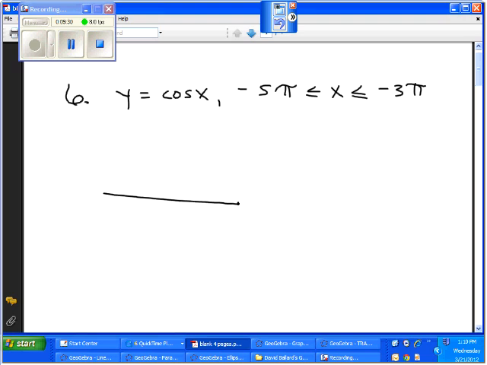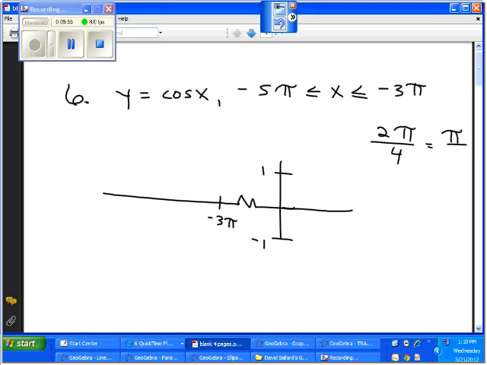So we're going to think about our cosine wave, and we know that the maximum and minimum on cosine is negative 1 to positive 1 again. And so we're going to go negative 3 pi. Don't forget that the period on cosine is still 2 pi, correct? The period is 2 pi. And if we divide that by 4, we're going to get little jumps of pi over 2. So we want our jumps to be pi over 2.